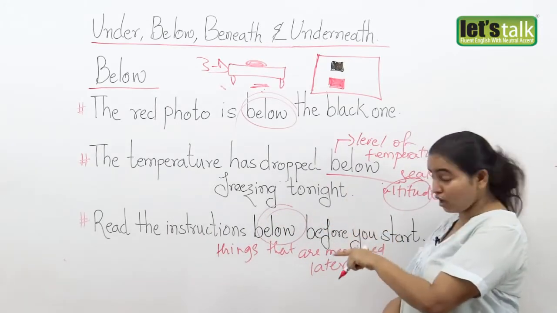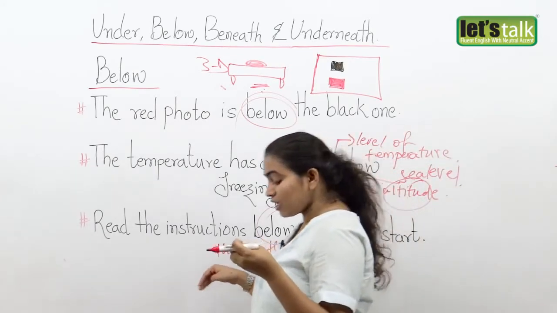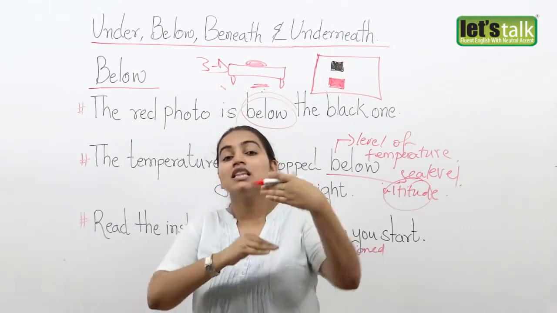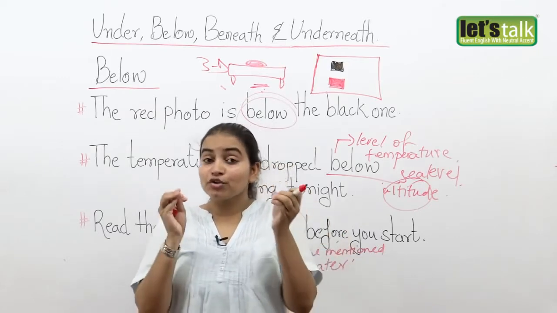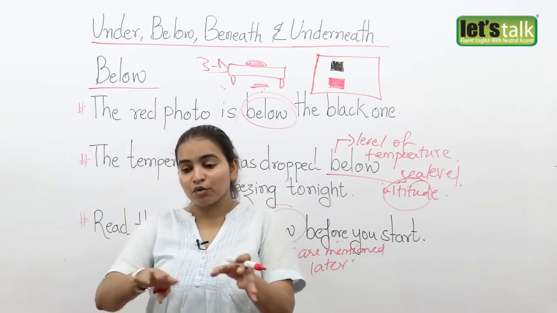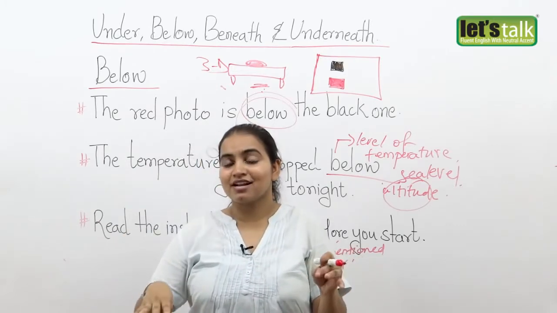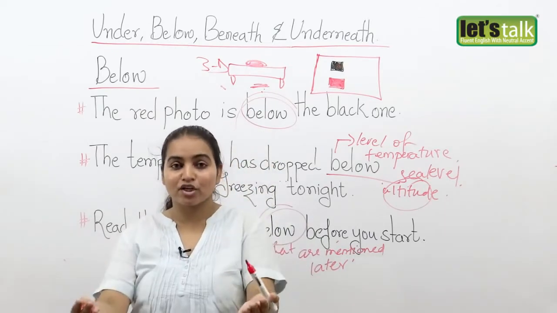Read the instructions below before you start. Now, I use the word below when I'm talking about things that happen later or are mentioned later, because I know there are certain things that I need to consider, certain things that I need to read before I start my next action.